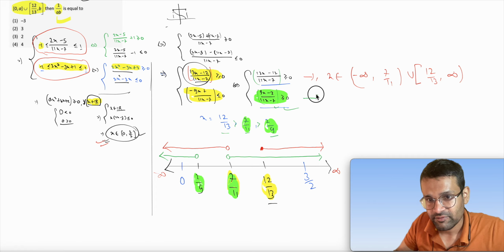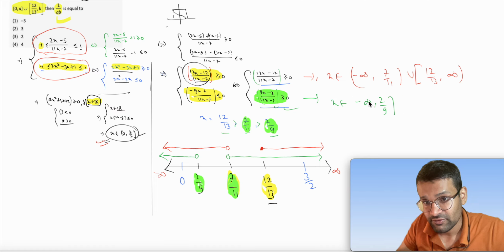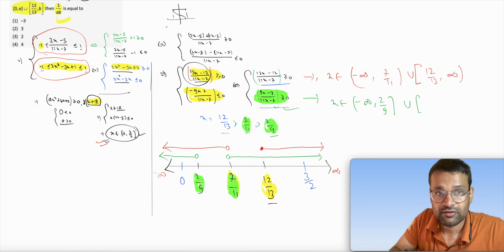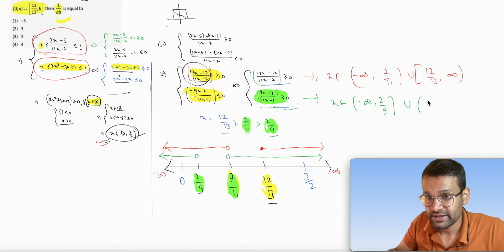So the answer of this part is x belongs to minus infinity to 2 by 9, where 2 by 9 is closed because it comes from the numerator part, and union 7 by 9 was open. It's a minute thing, but you must consider it. It can affect your final answer.